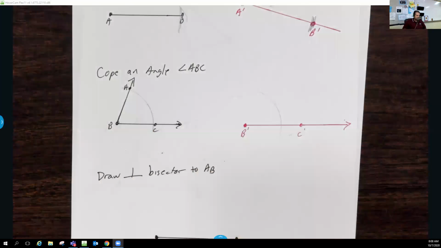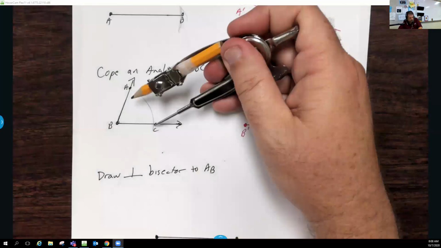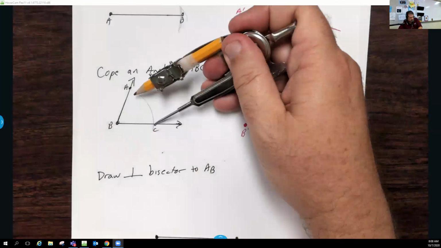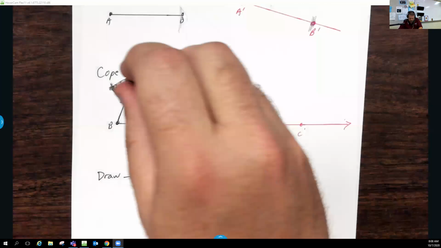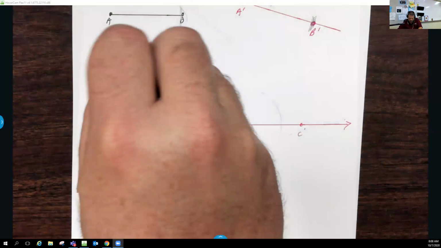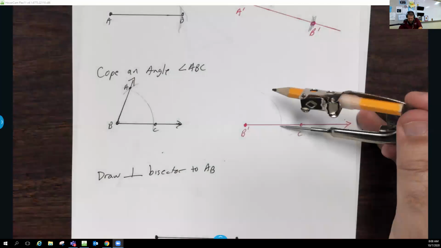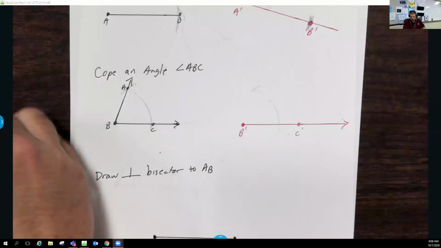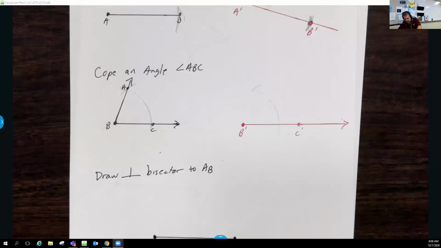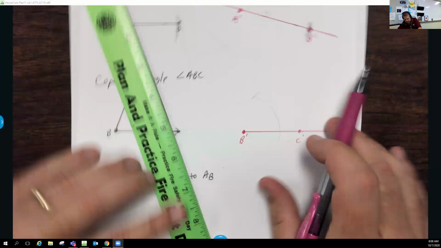So those two marks are the same. Now we're going to stretch it. We're going to put our point here and stretch it out to where our arc crosses our line there. We're going to do the same thing here, same distance. And that mark is what's going to line up and make our angle.